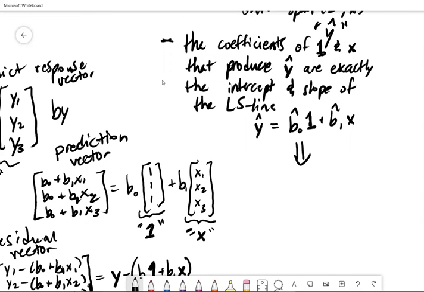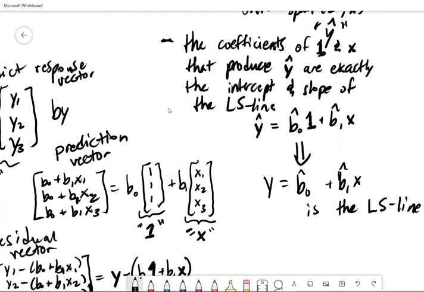If the least squares prediction vector is this linear combination of 1 and x, then y equals b0 hat plus b1 hat x is the LS line.